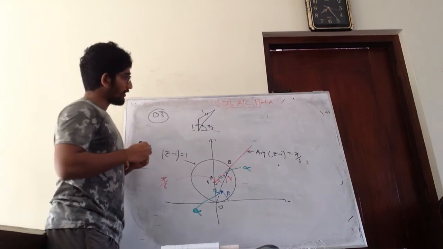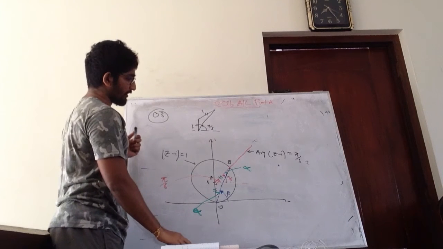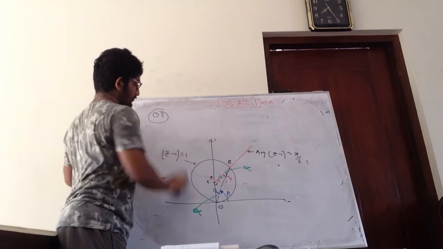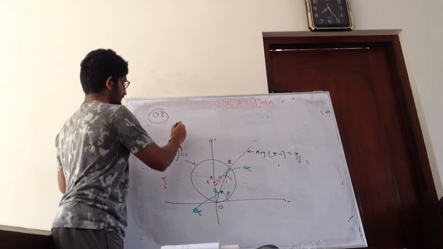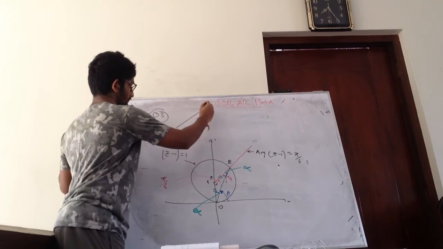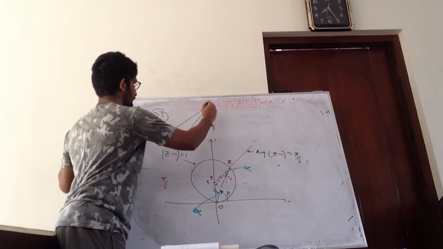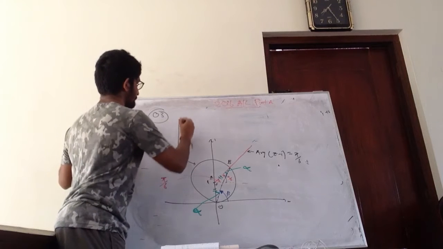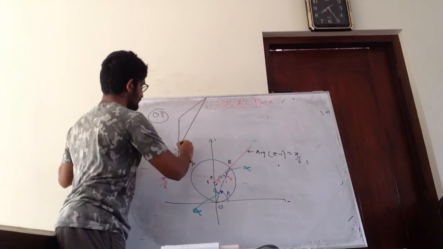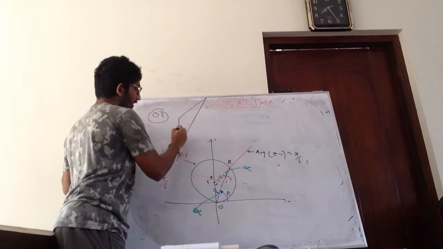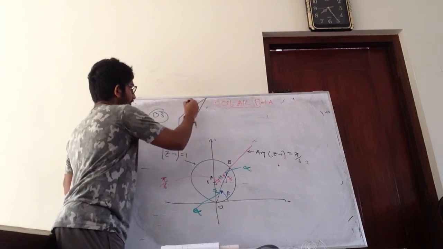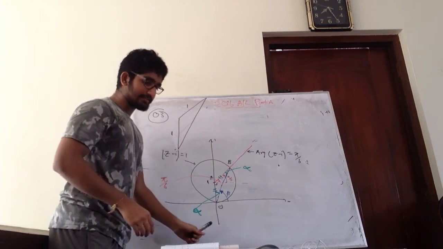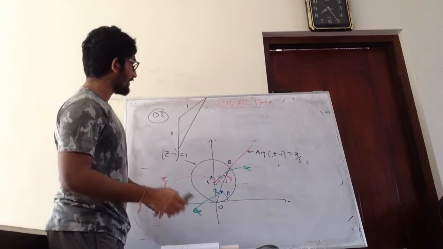Correct. I know that this length is 1. I have to draw this in a neat way. So now I know the length is 1, here 1, and now I know the angles as well. Alpha was 30.